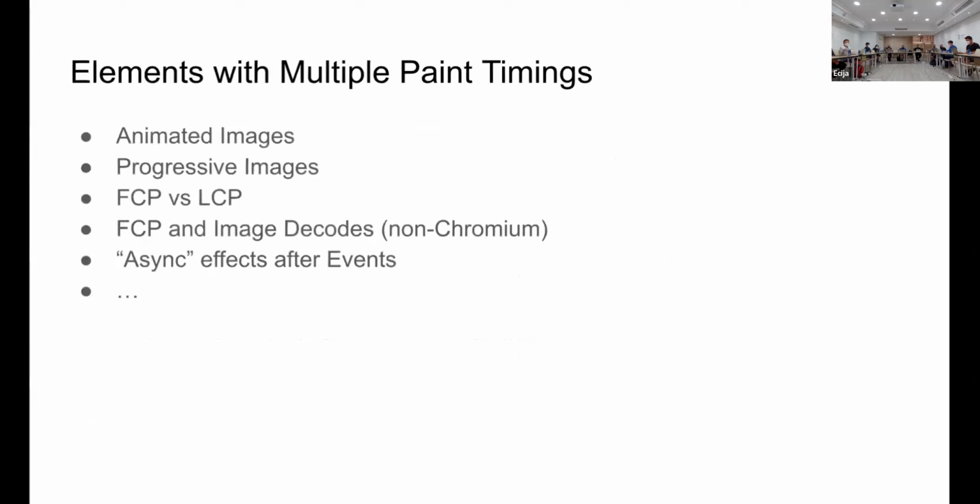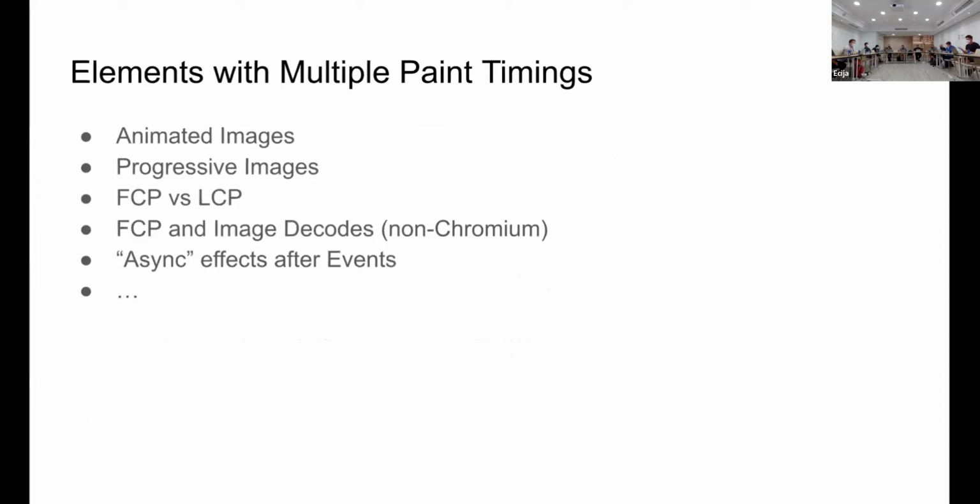I made a joke earlier this week, kind of, about FCP and the concept of contentful. But often elements have actual multiple paint timings. So each paint timing had all those time points, but there is not always just one paint that matters. Animated images has been in conversation recently.